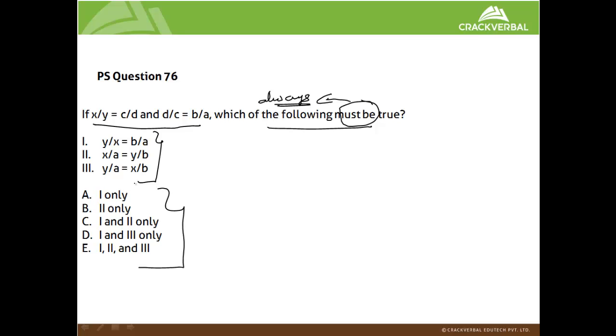We shall see the mathematical way a little later, but let's see the plug-in way of solving this. They have given more than 4 variables. x by y is equal to c by d, and d by c, which is the reciprocal of c by d, is equal to b by a.